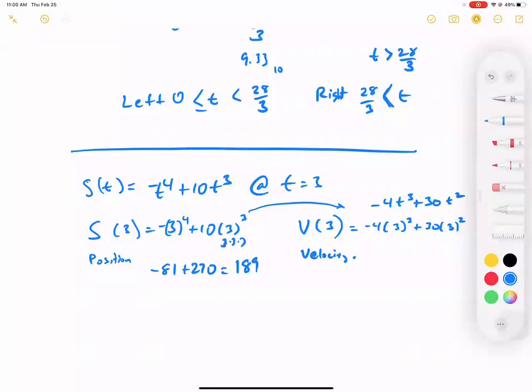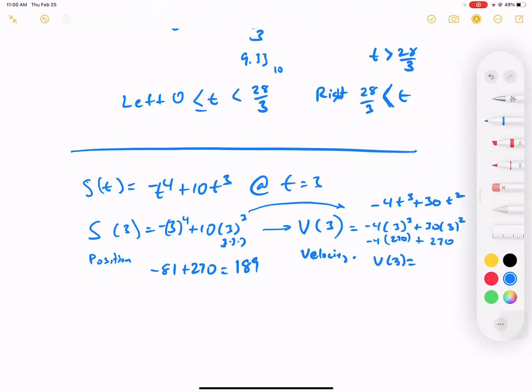If you didn't know the relationship between position and velocity, that you had to take the derivative, you would never be able to figure out what to do. So v of 3 is equal to 27 times negative 4, and then 9 times 30 is 270, and then this gives us, what?